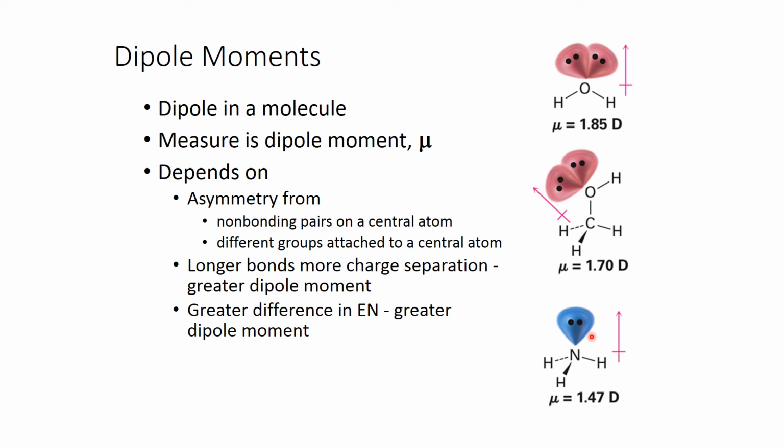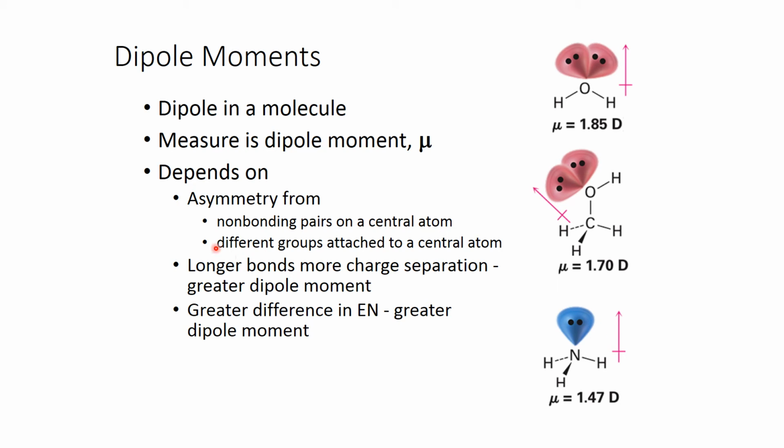If the central atom has a non-bonding pair on it, which oxygens and nitrogens pretty much always have unless they're protonated, and if they're protonated, they're going to have charge. So whenever you see oxygen and nitrogen, you're going to have polarity in that area. The non-bonding pairs cause asymmetry, and that is what causes the dipole to be established.